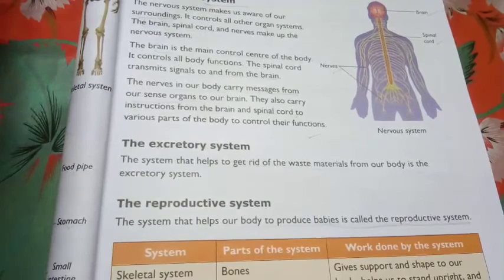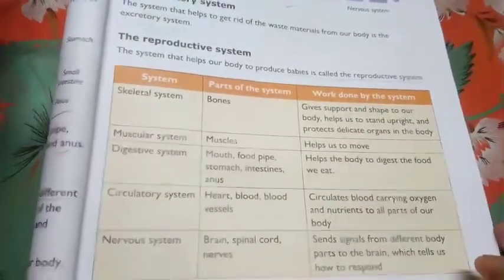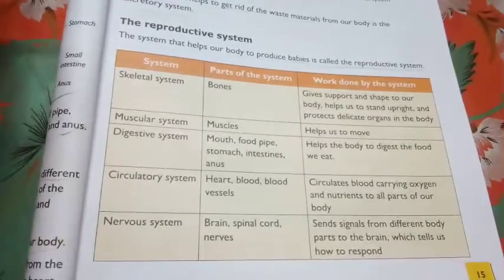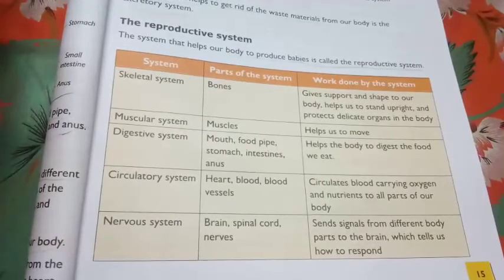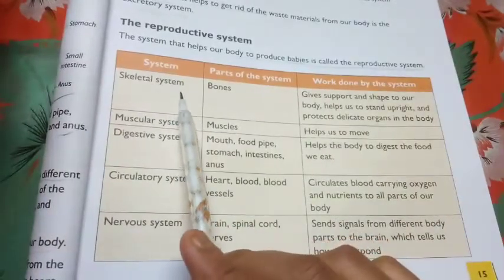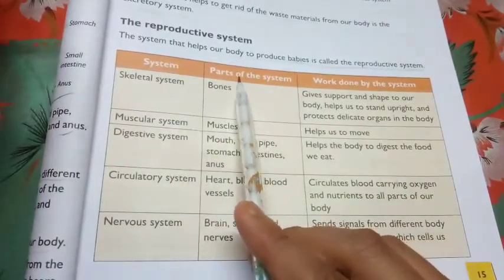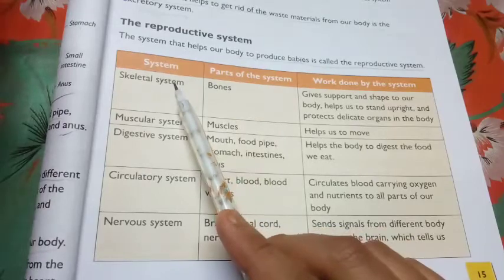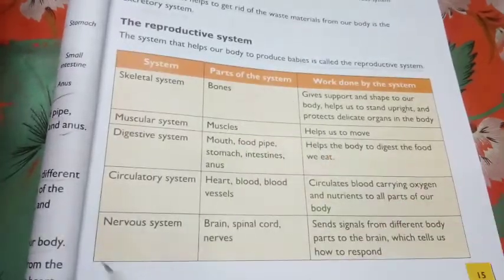Next, we have been given the chart. All of you please go through this chart properly. This can be very useful to keep in your mind, to save in your brain. The first one is our skeletal system. Can you name the parts of that skeletal system? That is the bones.